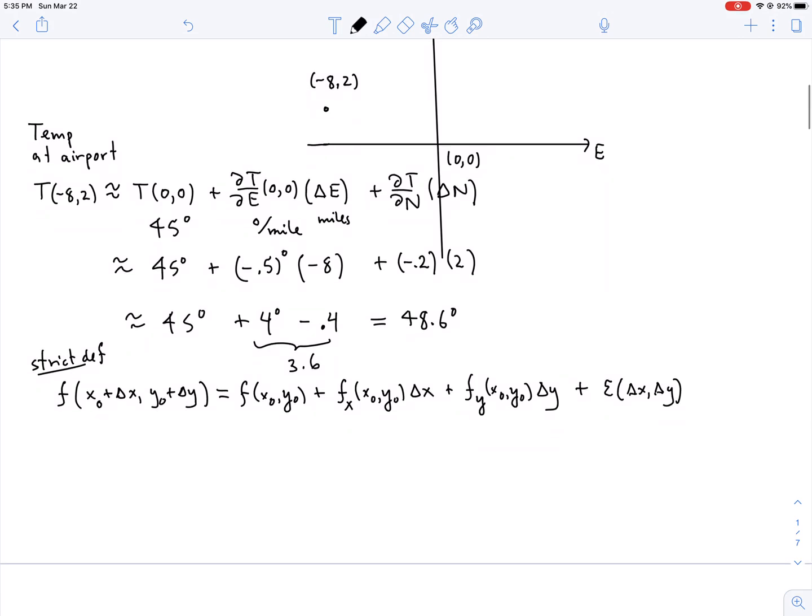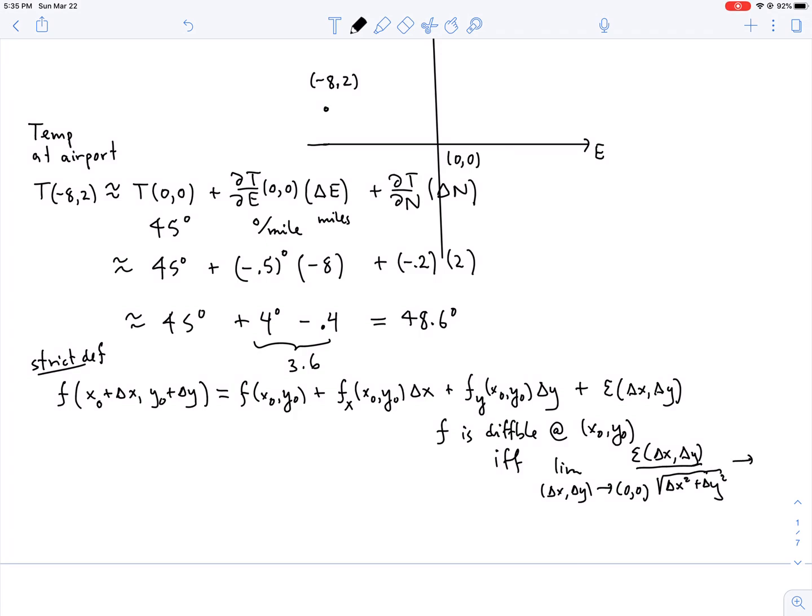And then f is differentiable in the multivariable sense if and only if the limit as delta x, delta y goes to 0, 0 of the error term divided by the magnitude of the vector delta x, delta y is 0.